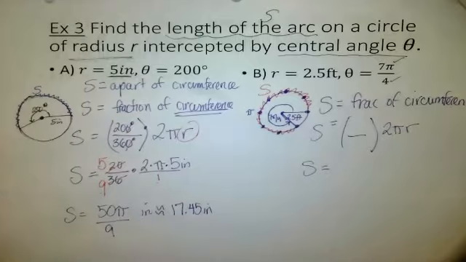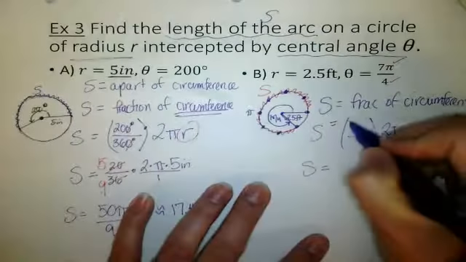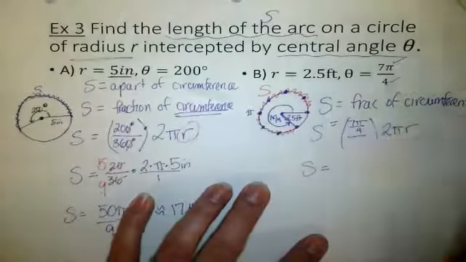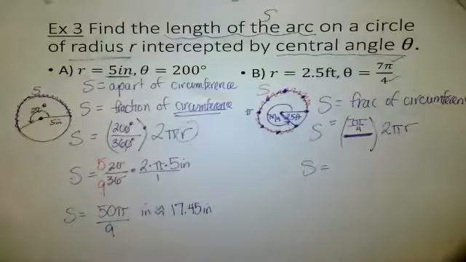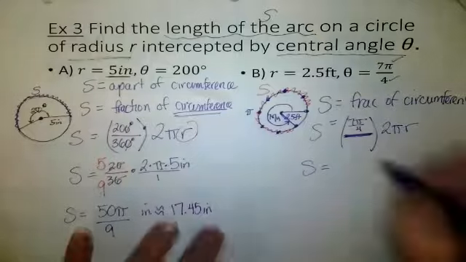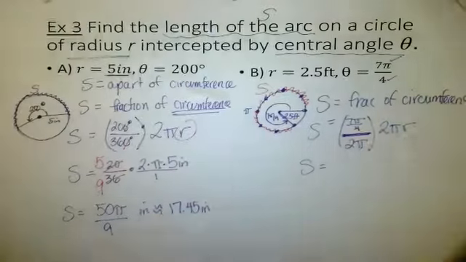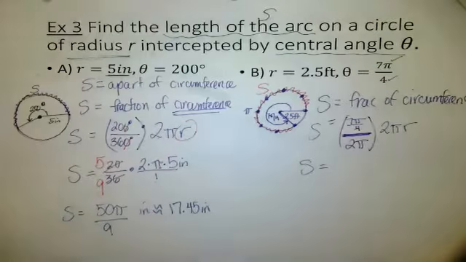Out of the total. The part that we have is 7 pi over 4. What is the total circle? 8 pi over 4? You could say that. Or what's 8 pi over 4? 2 pi. 2 pi gets us all the way around.